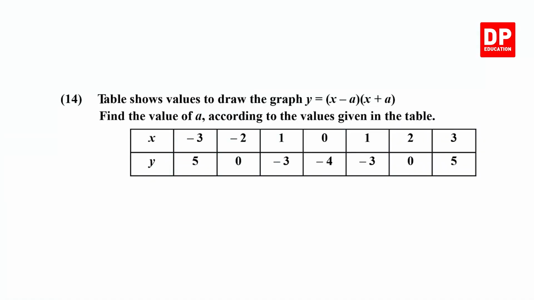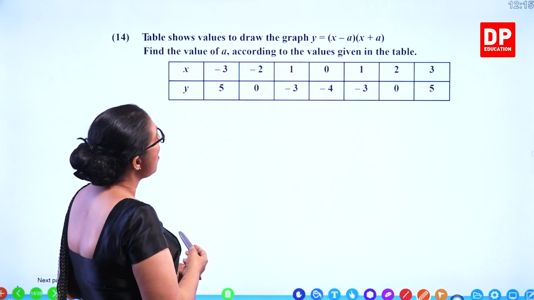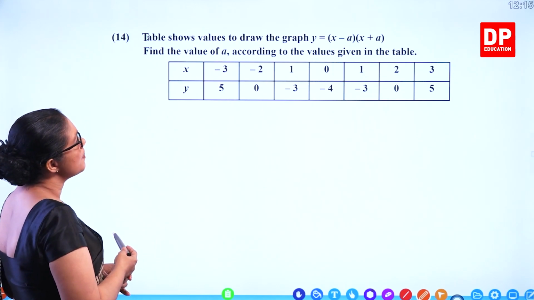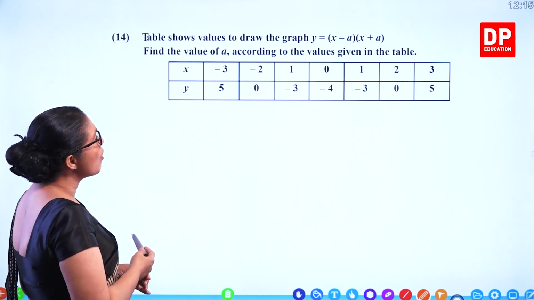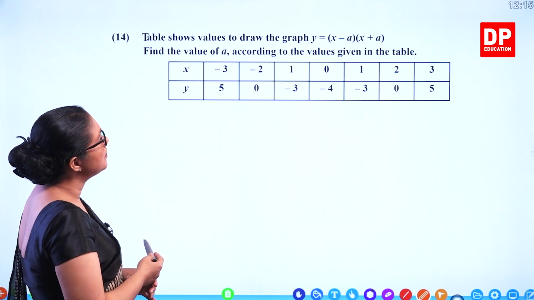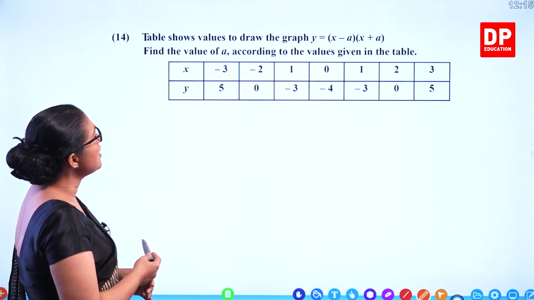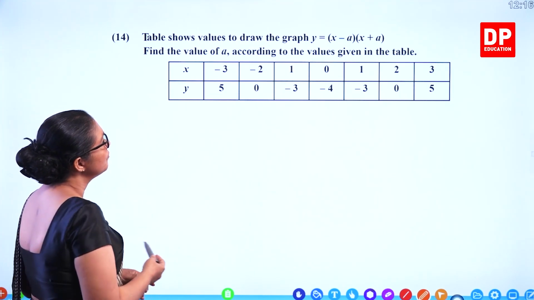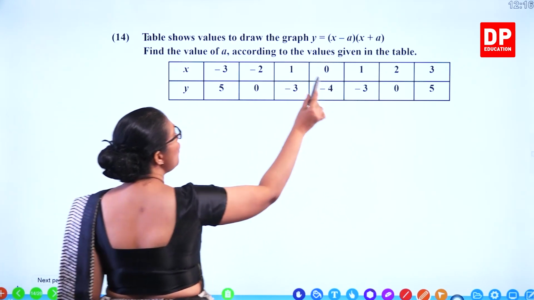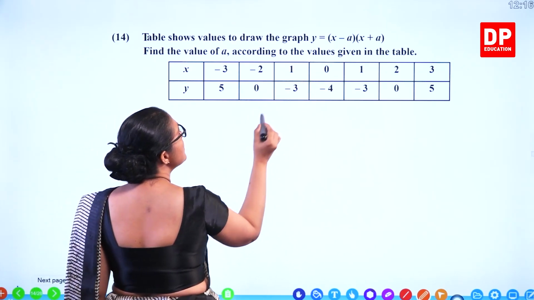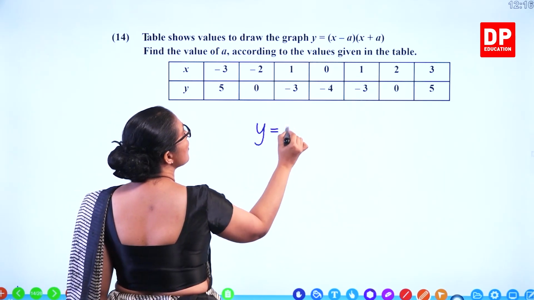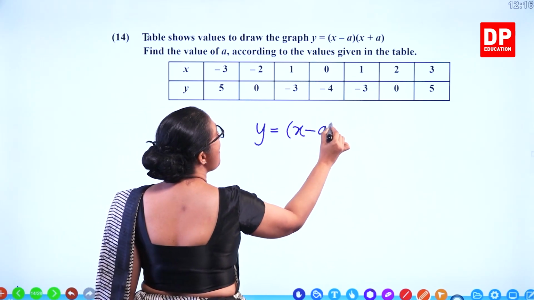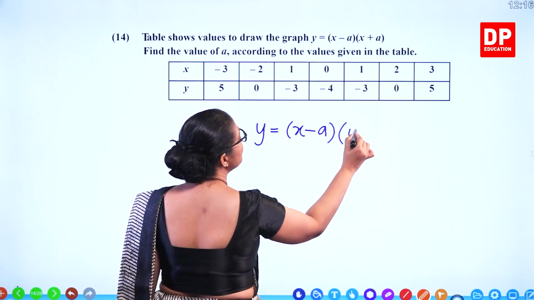Question number 14. Table shows values to draw the graph y equals x minus a, x plus a. Find the value of a according to the values given in the table. So which one is easy to substitute? We'll substitute 0 and minus 4. When x equals 0, y equals minus 4.